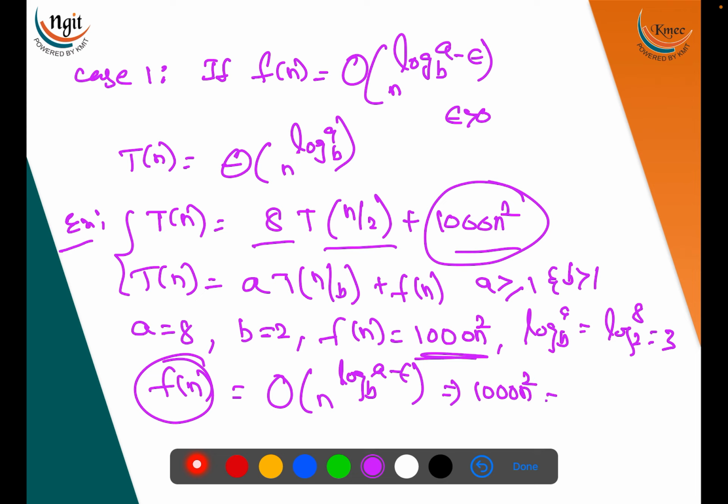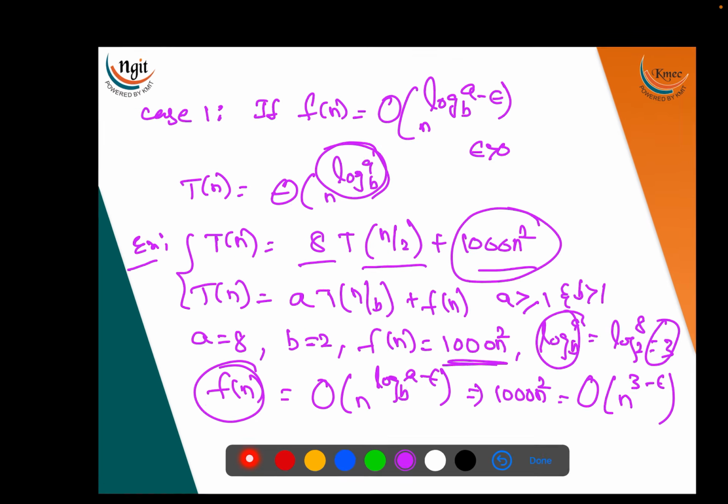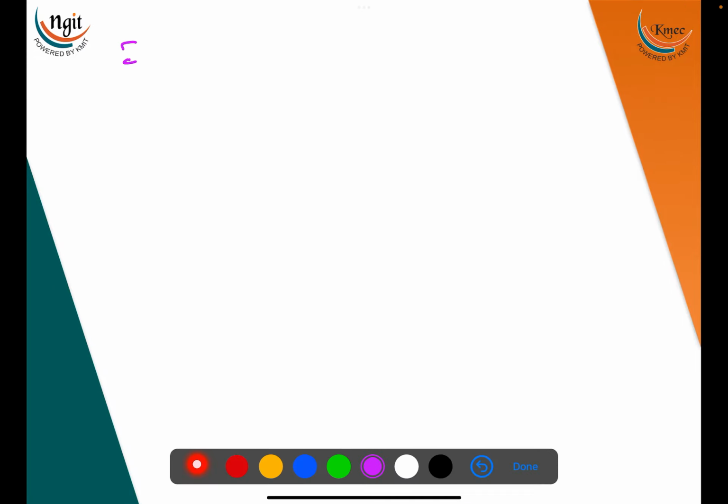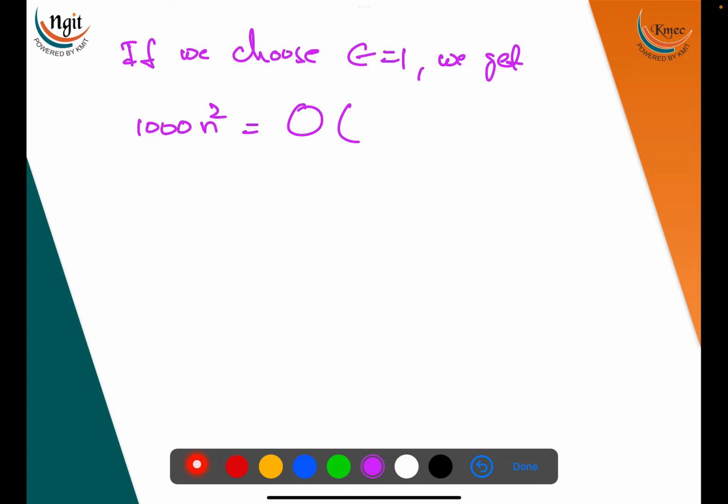1000 n square is equal to order of n cube. Log_b a value is what? Log_b a value is 3. So f(n) is O(n^(3 - epsilon)). Now if we choose epsilon equal to 1, then we get f(n) equal to 1000 n square, which is big O of n^(3-1), that is big O of n square.